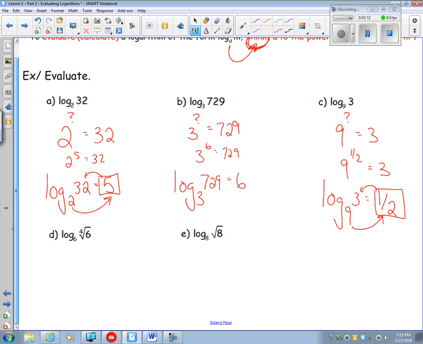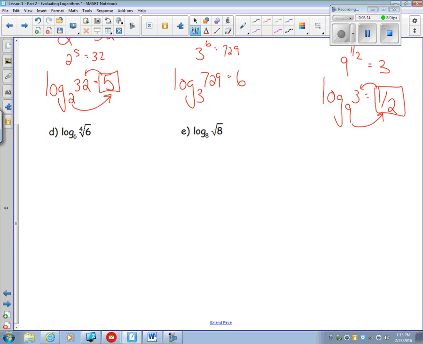Okay, let's try some messier kinds of things. Let's take a look at the next one here. Log base 6 of the 4th root of 6. Now that's kind of messy to work with, so I might rewrite this as log base 6 of 6 to the 1/4. I know the 4th root is the same thing as saying the exponent 1/4, right? That's an equivalent expression.